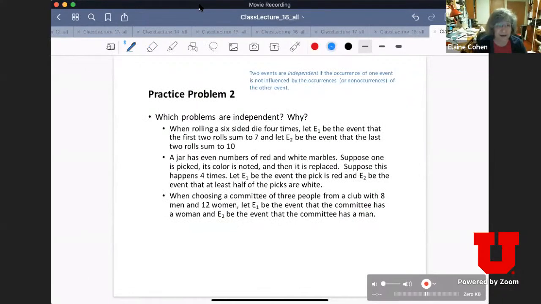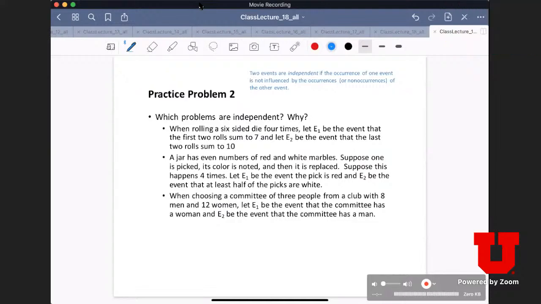So let's talk about independent events again. Okay. So if you roll a 6-sided die 4 times, I think we did this last class, didn't we? I don't remember if we did or not. Oh, well, we'll do it today.